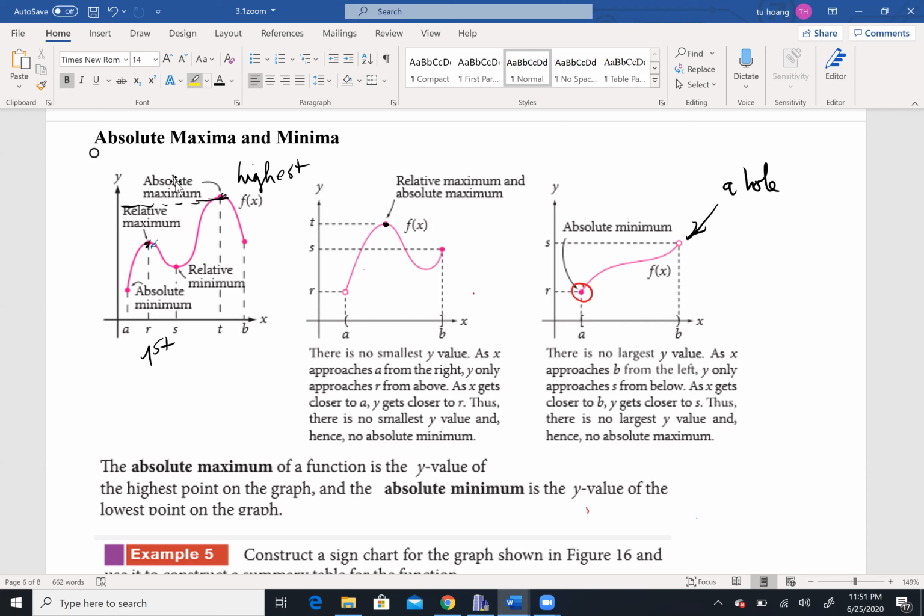There's no value at this point, so we have no largest y value. As x approaches B from the left, y only approaches from below, and as x gets closer to B, y gets closer to the hole, thus there is no largest y value, and hence no absolute maximum. So in this case, no absolute maximum.